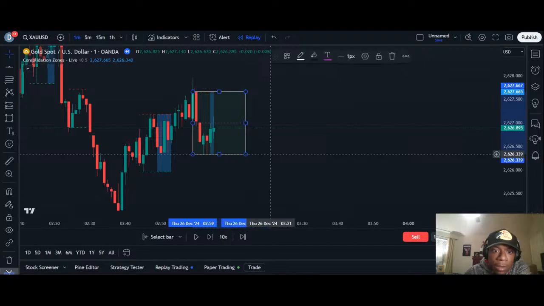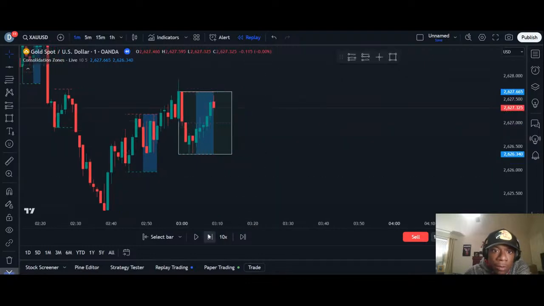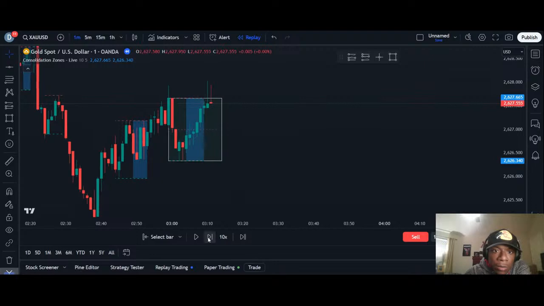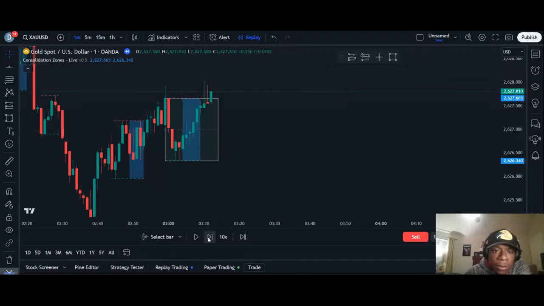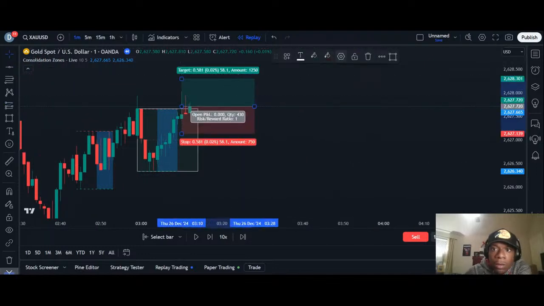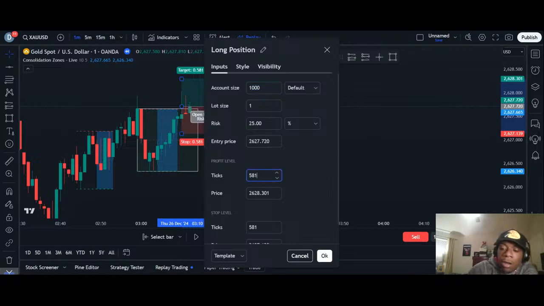We got another zone. See what goes now. Didn't close. Still didn't close. Boom, we got the close. We're all the way at a 20.